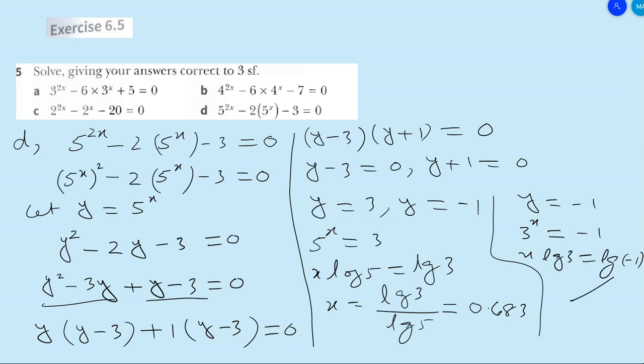As I told you in the last lecture, log of a negative number is not admissible, or you can say math error. If you find log of minus 1 from a calculator, you will see math error. So the only answer of x is 0.683. This is acceptable. Okay, so this is part D of question number 5.